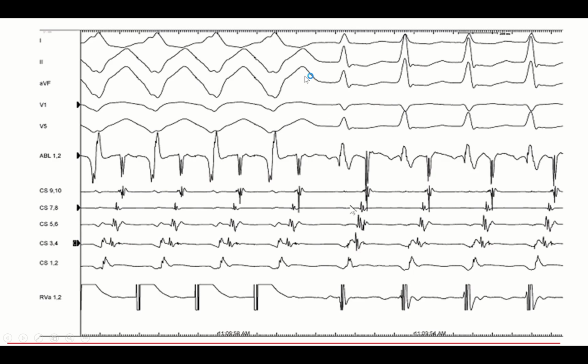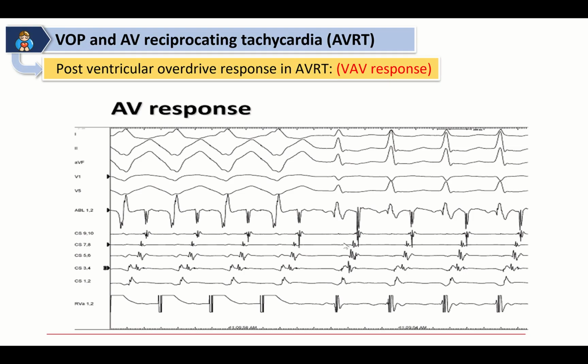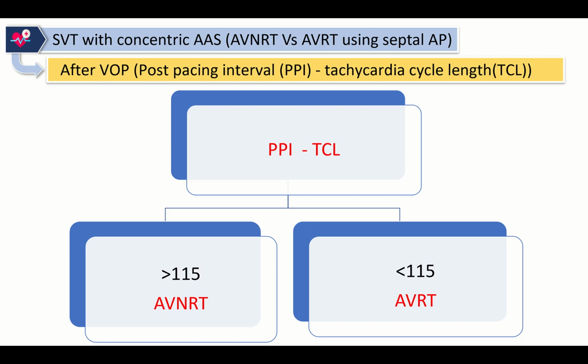This is the spike, ventricular activation and capture, and atrial acceleration. This is the last ventricular paced beat, and this is the last atrial accelerated beat, then V. So the response is a VAV response, consistent with AVRT. No doubt about this.